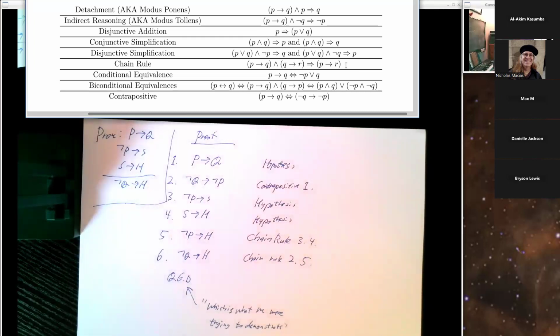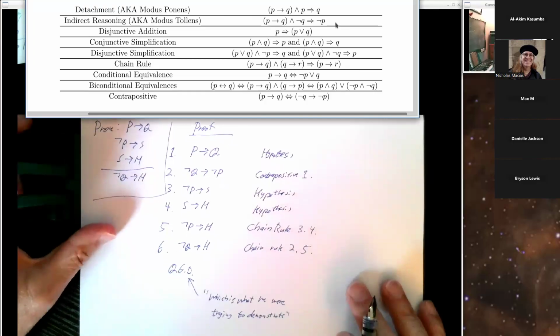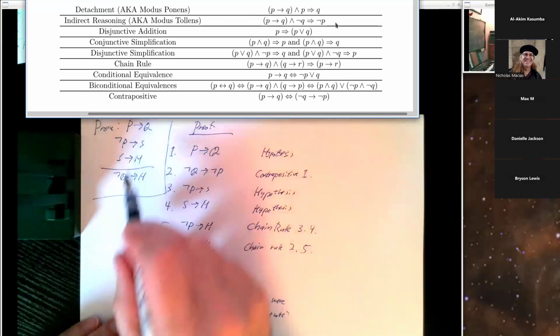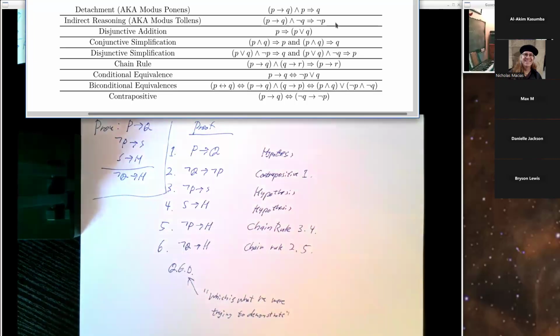So indirect reasoning says if P implies Q and we know not Q, we can conclude not P. So if we know that P implies Q, and we know not Q is true, that would get us not P, which would get us S, which would get us H. And so not Q would get us H.